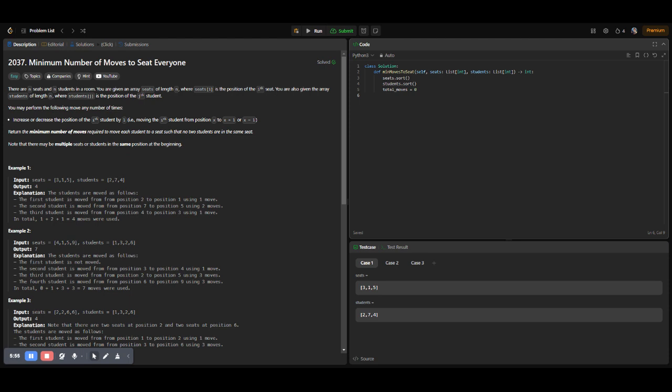First, I am going to iterate over the arrays.